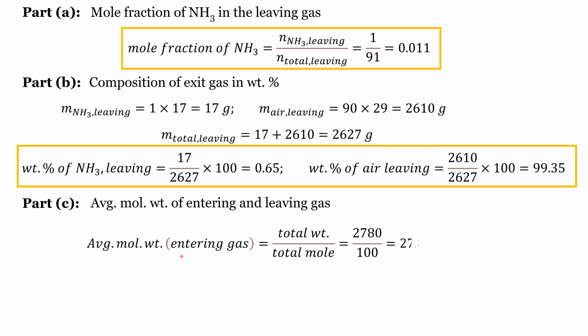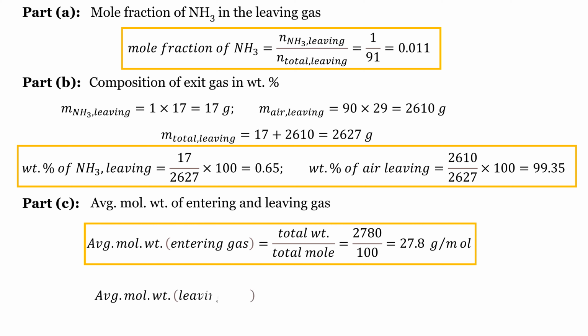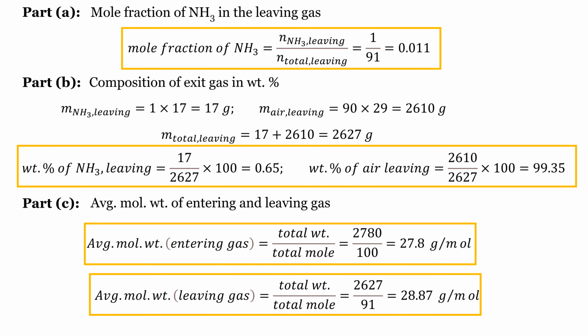So average molecular weight of entering gas will be equal to total weight divided by total moles. So it will come out as 27.8 gram per mole. In the same way, we can estimate the average molecular weight of leaving gas. So it will come out as 28.87 gram per mole.